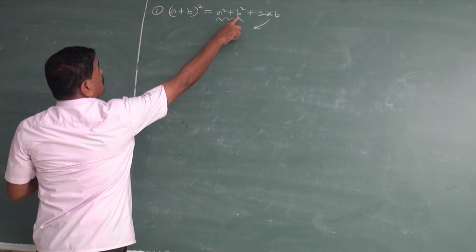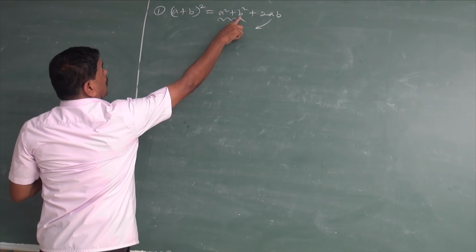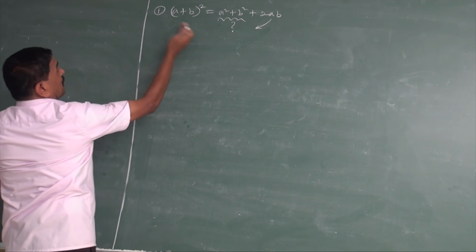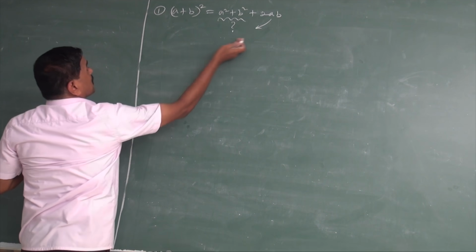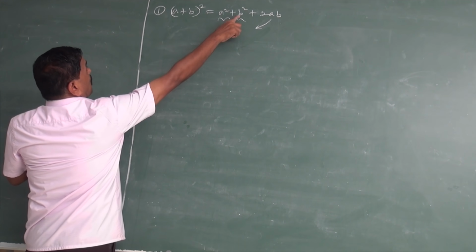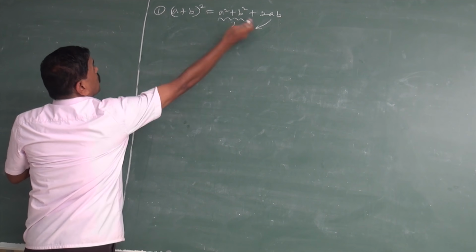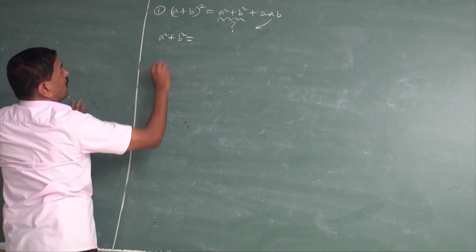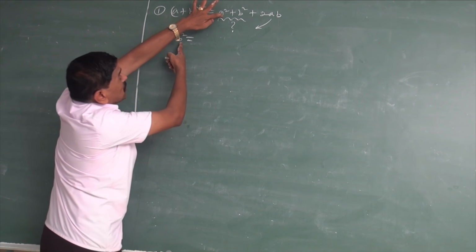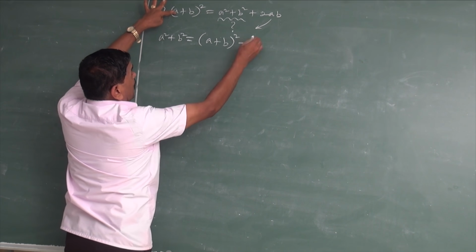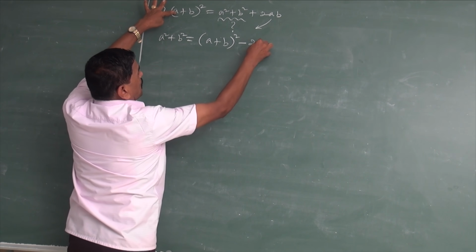Okay, write directly. What is a square plus b square? A square plus b square equal to a plus b the whole square minus 2ab. So this is plus positive, plus comes to left side becomes minus. I want to write directly a square plus b square equal to a plus b the whole square minus 2ab.